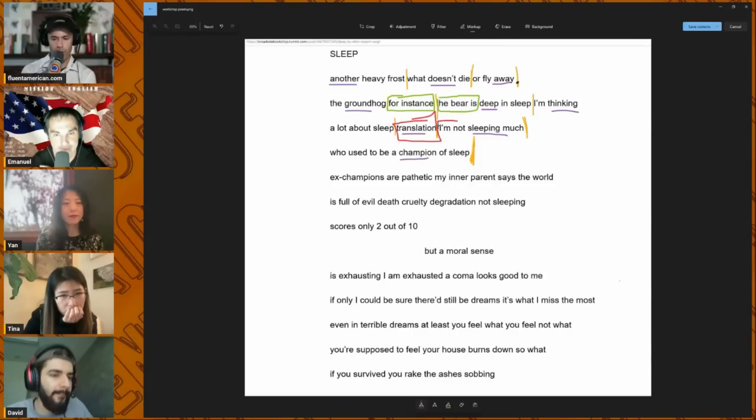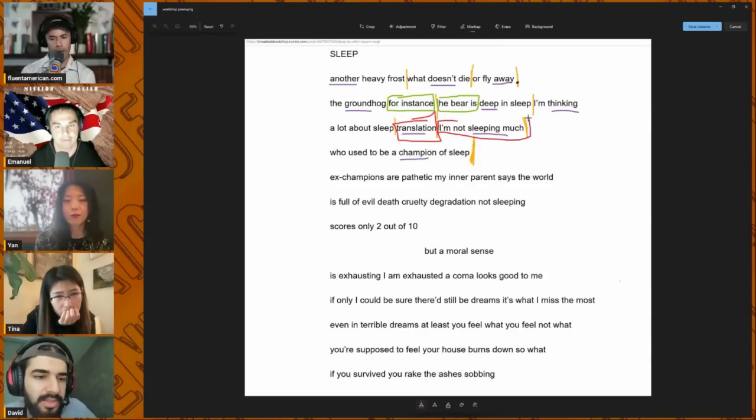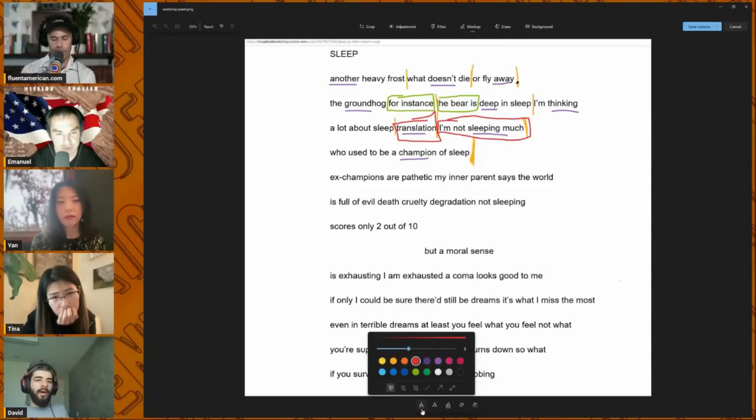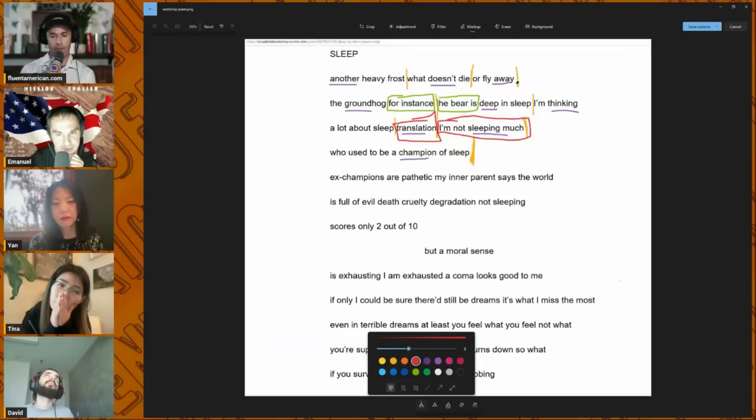So you want to go slow on translation, and then I'm not sleeping much. You're going slow. Yeah. The whole thing, or just specific words? Stress word sleeping. What about it? That was the part I wanted to go slow. Oh, so you're just going slow on sleeping. Everything else around is going fast. Yeah.